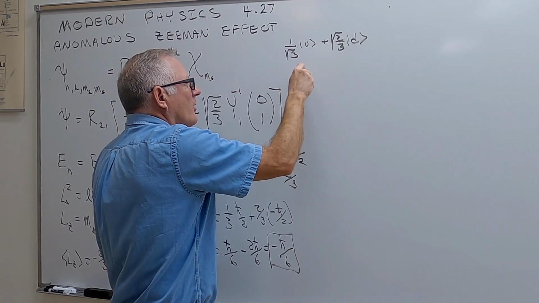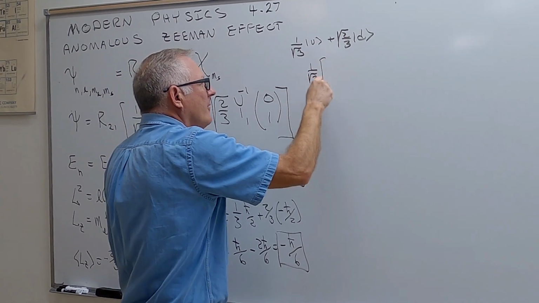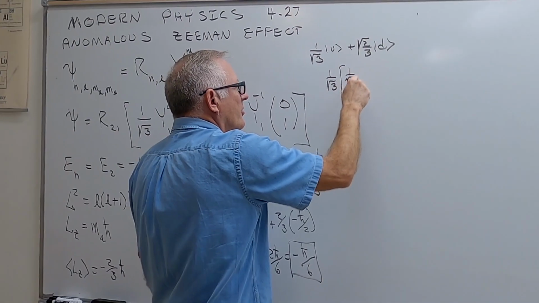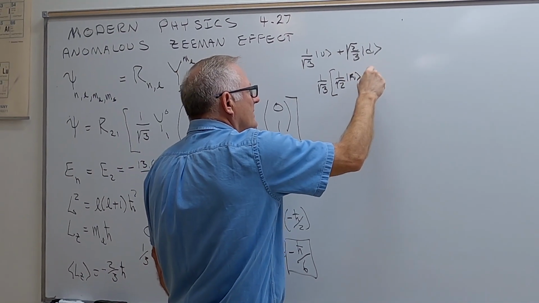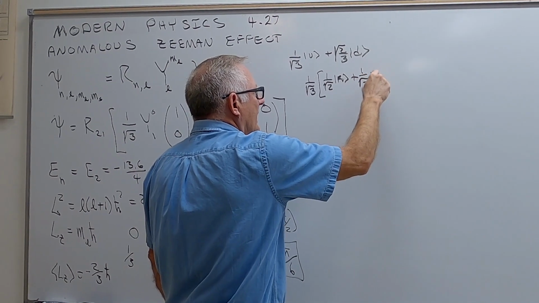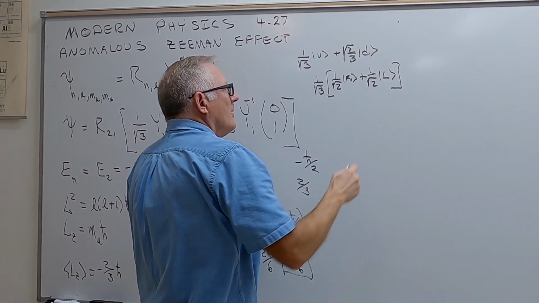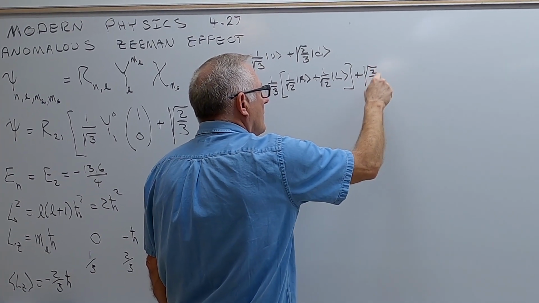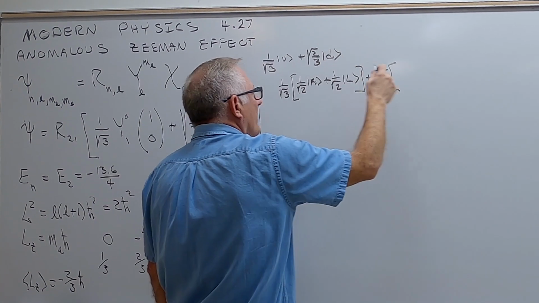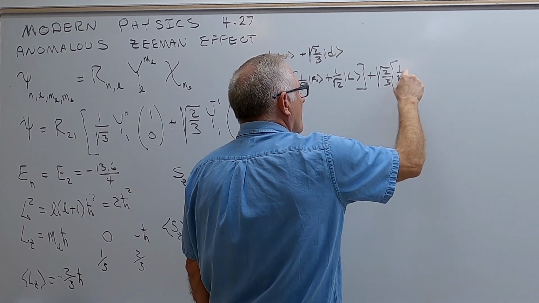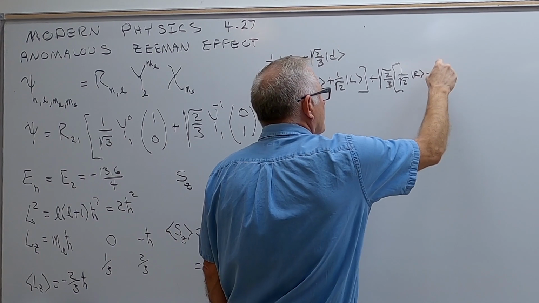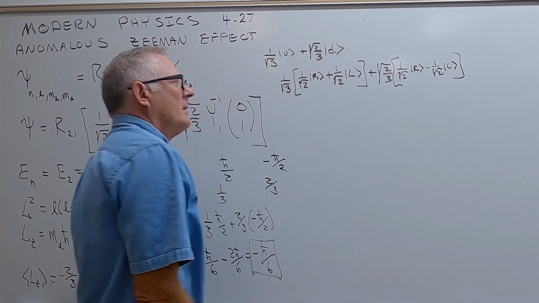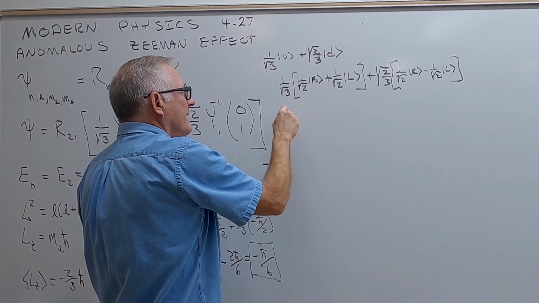So this would just be 1 over the square root of 3, and then we would turn that into 1 over the square root of 2 right plus 1 over the square root of 2 left, plus the square root of 2/3 times 1 over the square root of 2 right minus 1 over the square root of 2 left. Okay, and then we could have factored out the rights.